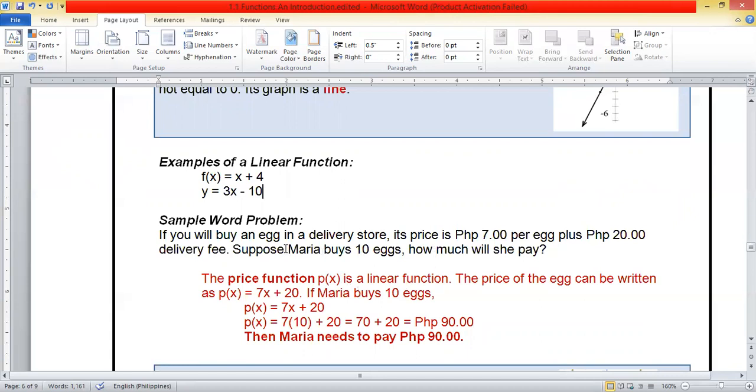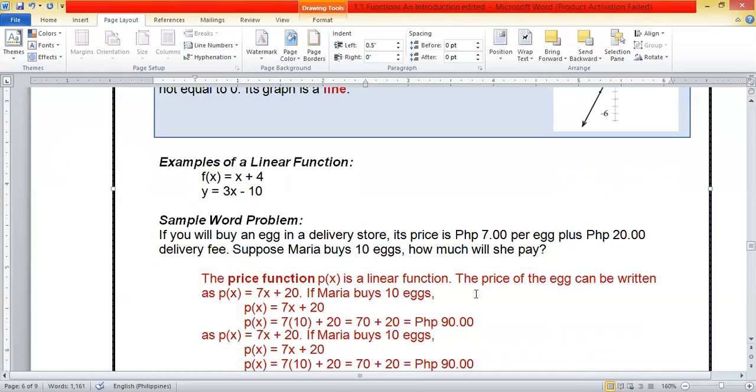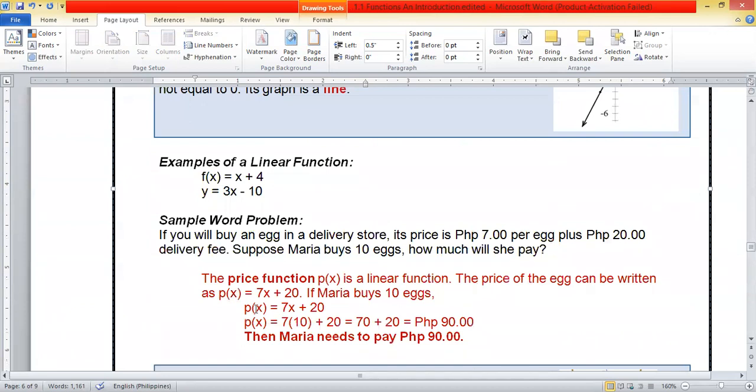Now, since we're talking of the price, then we call this function a price function. The price of the egg can be written as 7x, like 7 pesos for each egg, plus 20 pesos for the delivery fee.